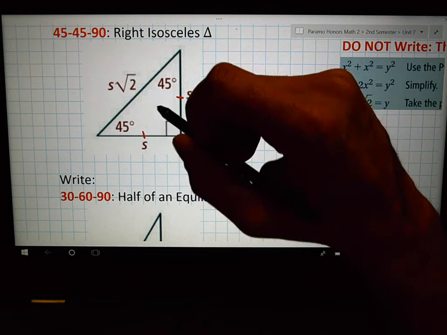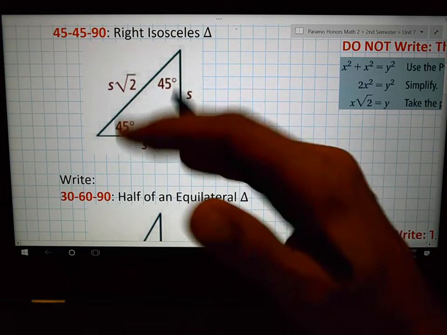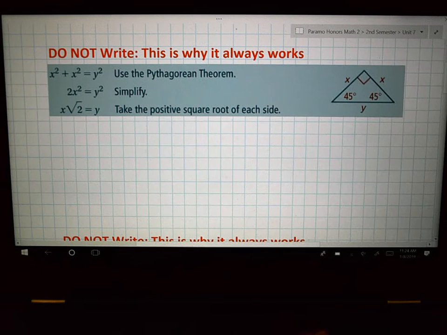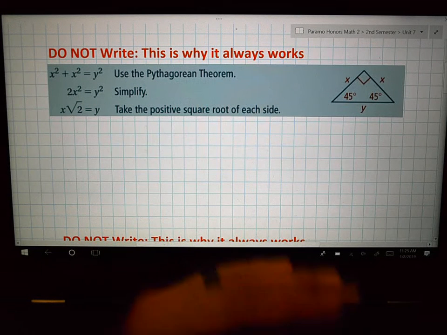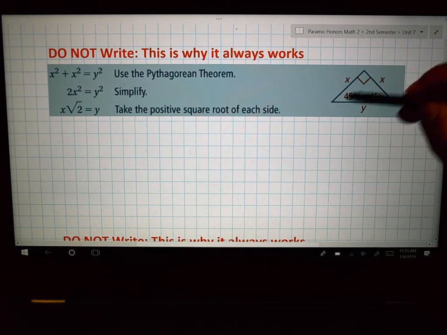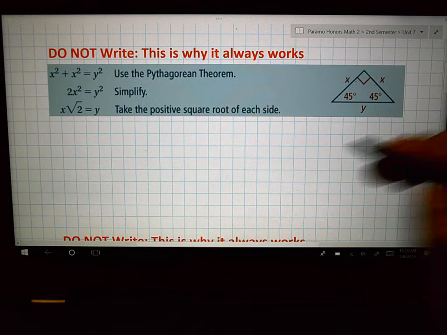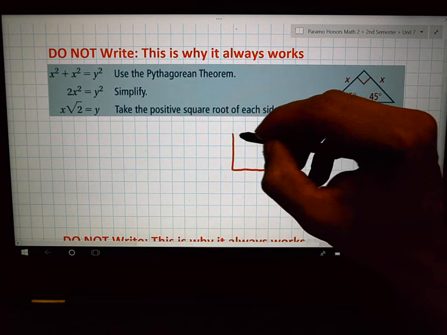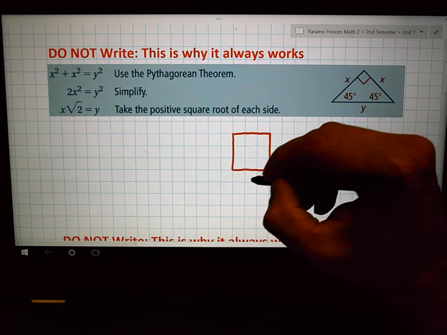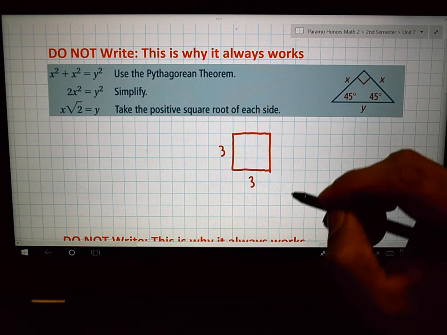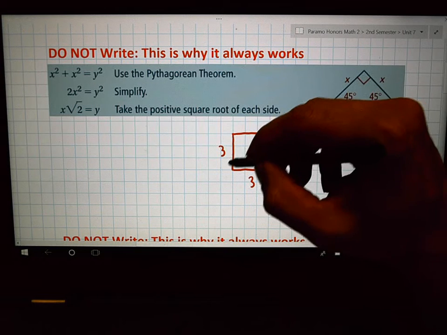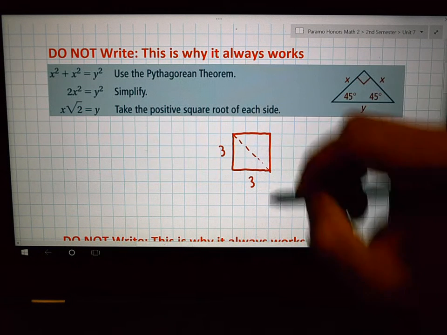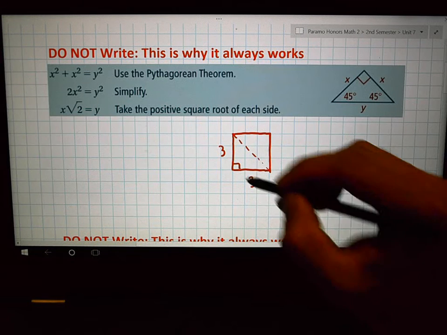And if you want to know why or how this pattern was developed, it was developed off of the Pythagorean theorem. If you had a square, for example, since I have squares here, and I have this perfect square that is 3 units long here and 3 units long there, and we're trying to figure out this distance from here to here, what you could do is use the Pythagorean theorem.